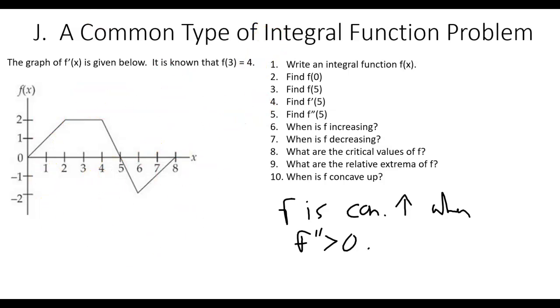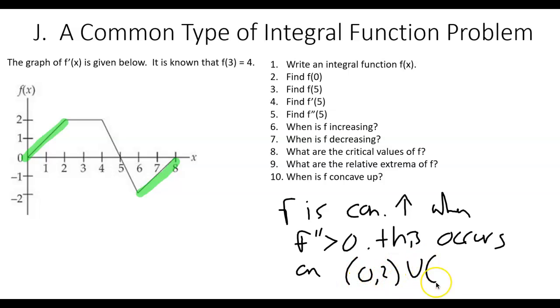So f double prime is greater than 0, in other words, positive anytime you have a positive slope here. So here, f prime has a positive slope, and here, f prime has a positive slope. So this occurs on the following intervals, from 0 to 2, as well as 6 to 8.